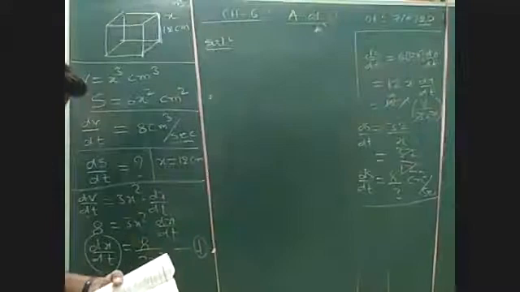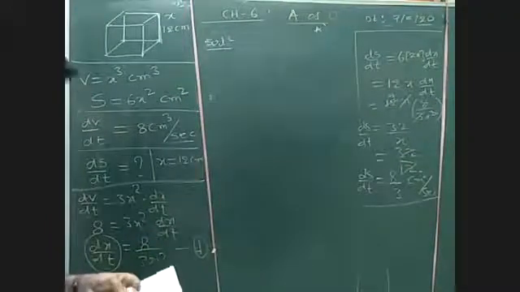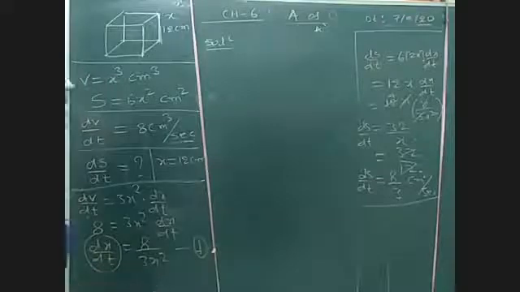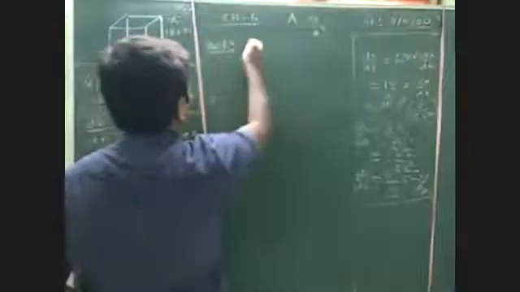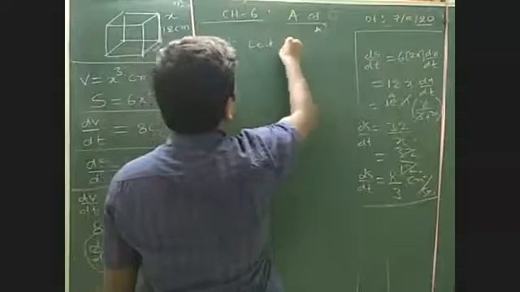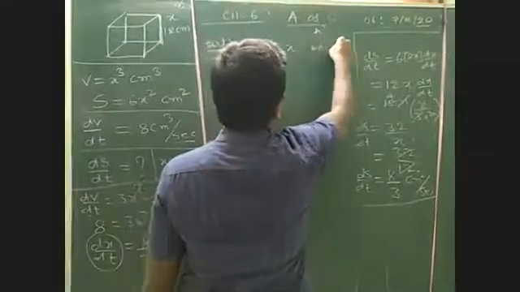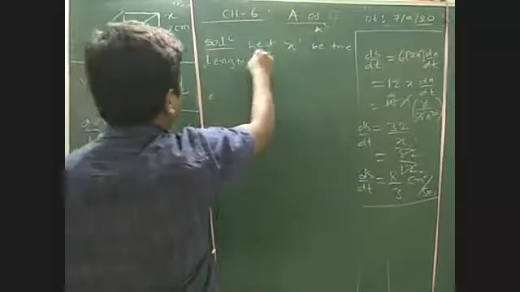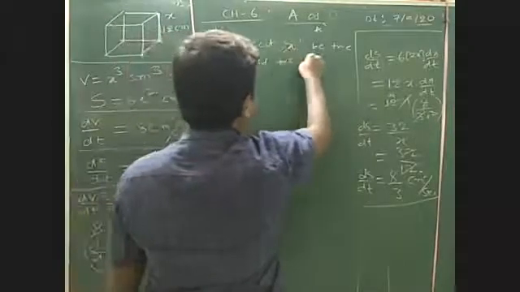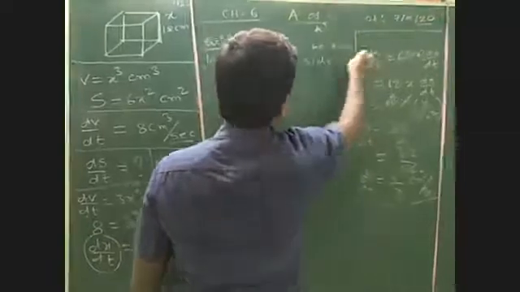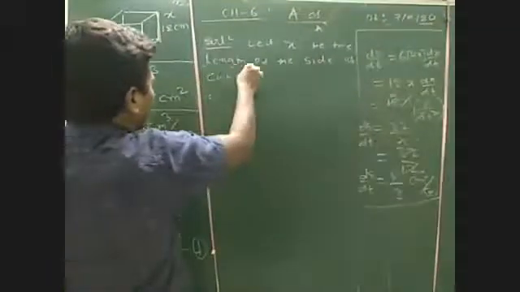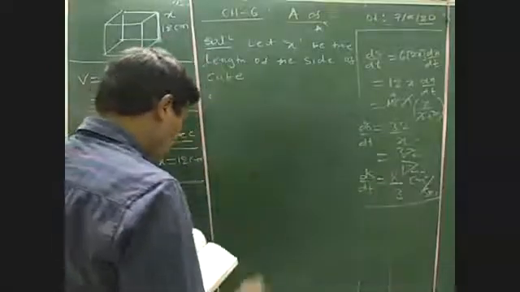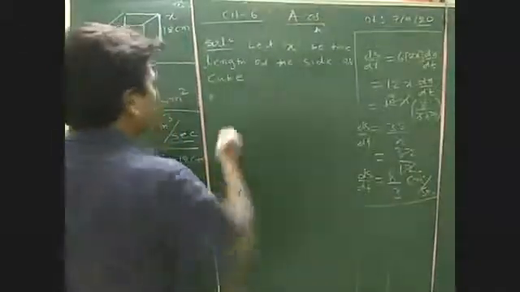Okay, in the solution how will we write? Here I am taking x. Let x be the length of the side of the cube. The question is related to the volume of a cube.